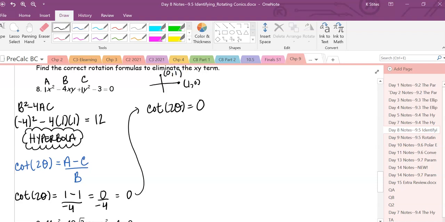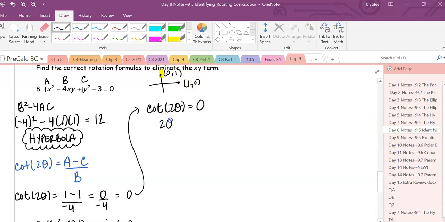Cotangent, if you recall, is cosine over sine, or just the reciprocal of tangent. Cosine over sine means we're doing our x value divided by our y value. So take a look, which of these 2 points would give you a cotangent of 0? And that would be right up here at 90 degrees, because 0 divided by 1 is 0, as opposed to 1 divided by 0 is undefined, down here at 0 degrees.